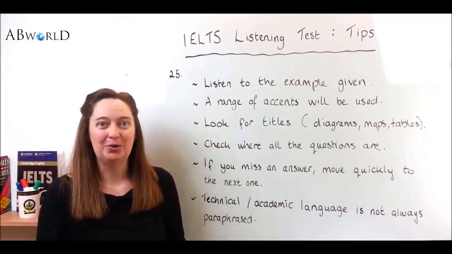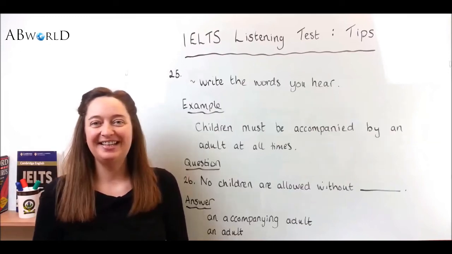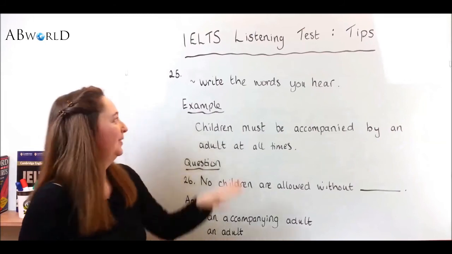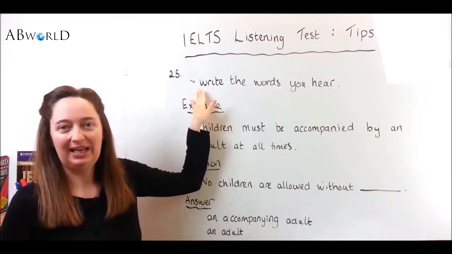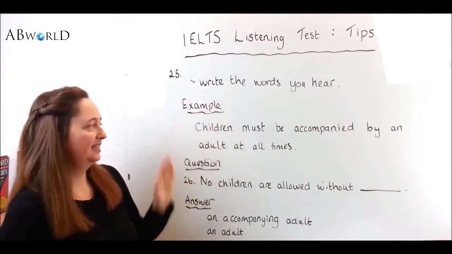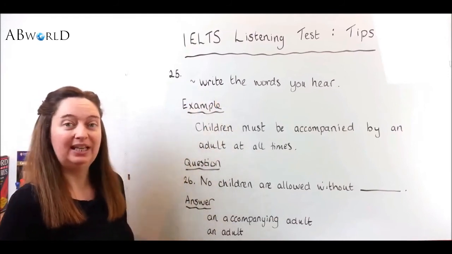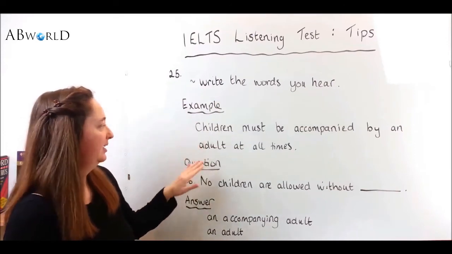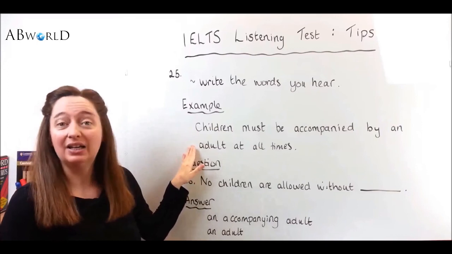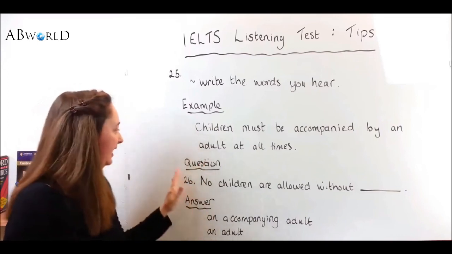Let's have a look at some more final tips. This is a very important tip. For your answer, you need to write the words that you hear. Now, here's an example of something you might hear in the recording. Children must be accompanied by an adult at all times. And here is the question.